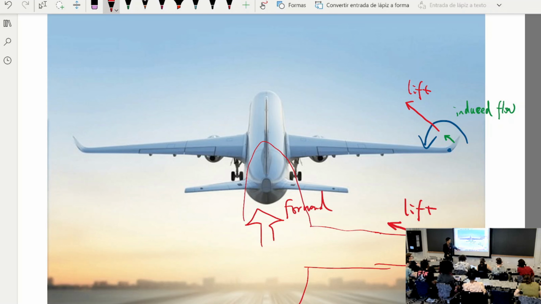And so this effect is also going to be seen when you work on the homework. If you work on the homework, you're going to see how the induced flow on the horizontal tail, the horizontal stabilizer, actually tilts the lift vector of the horizontal stabilizer. Now the downward lift of the horizontal stabilizer also tilts forward, right?